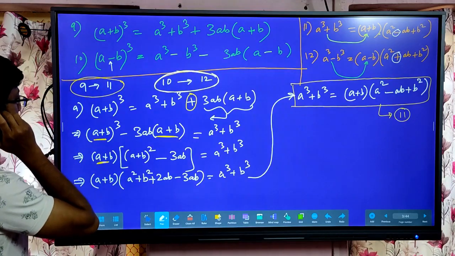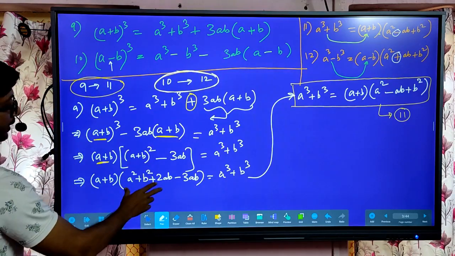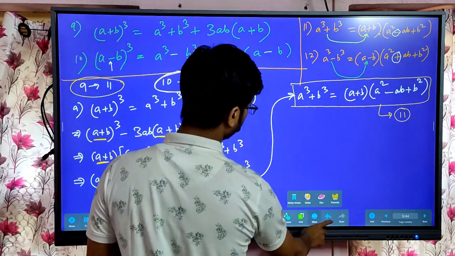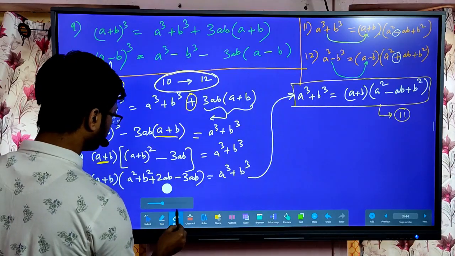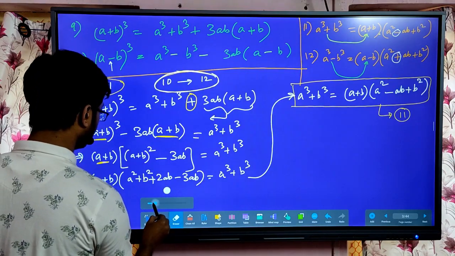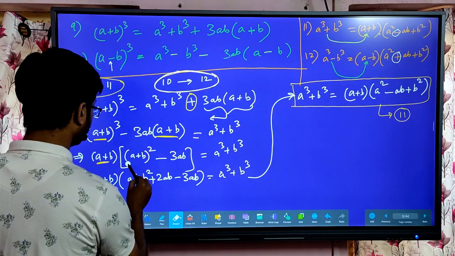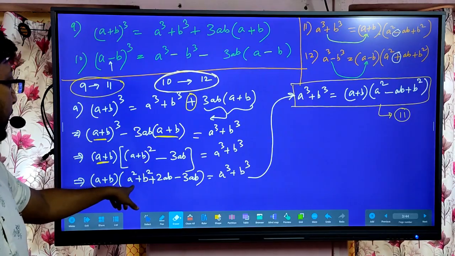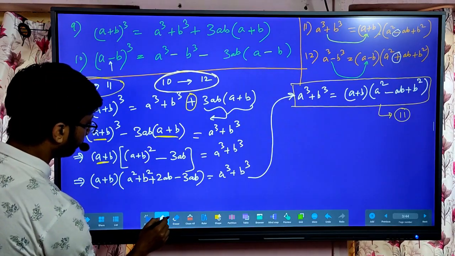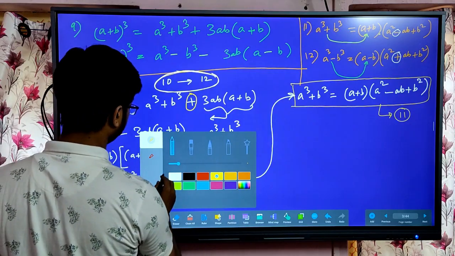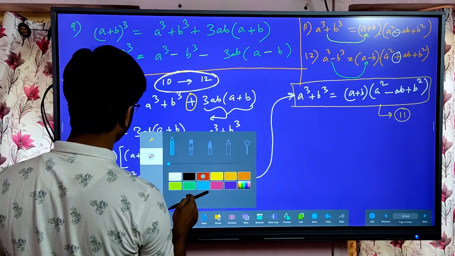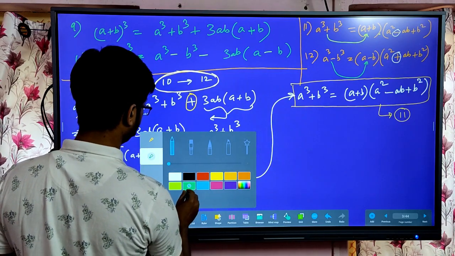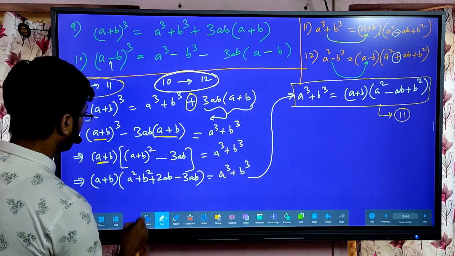Before doing that, we will simplify. Now this is A plus B whole square. I will expand this A plus B whole square and we will see what happens. If I expand this A plus B whole square, it will be A square plus 2AB plus B square.